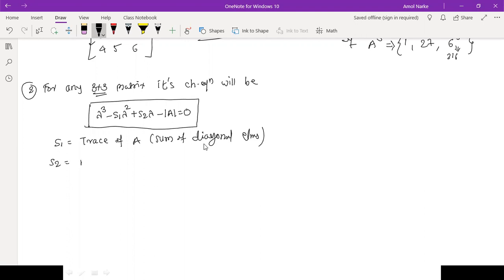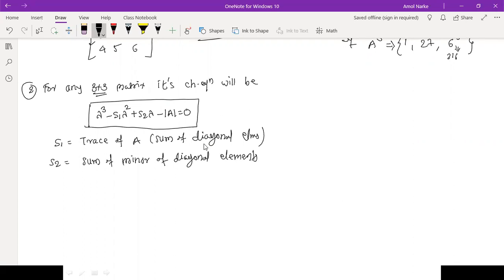S2 is the sum of the minors of the diagonal elements. You know how to calculate this one.